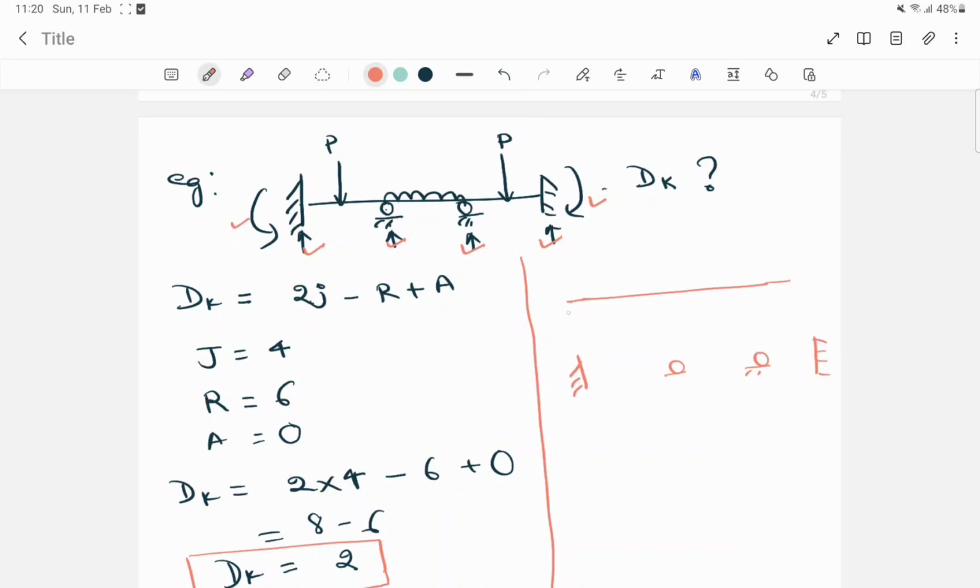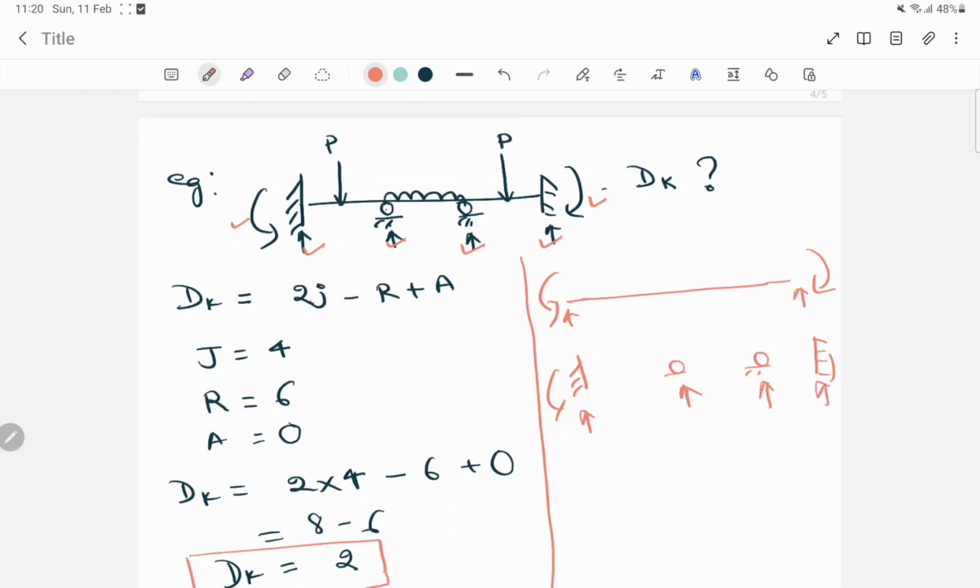One axial will be avoided, so here also, and then what will happen, here and here this will get cancelled out.